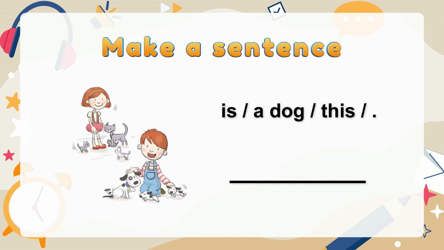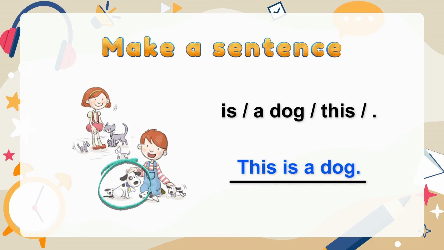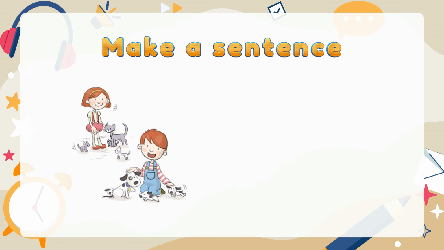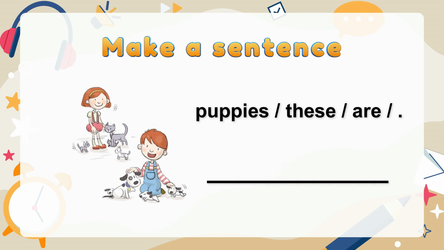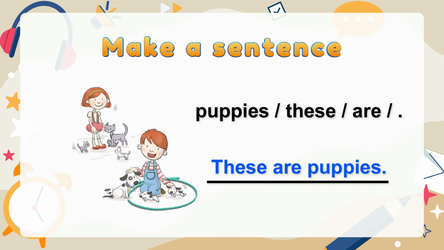Is a dog this? The sentence should be, this is a dog. Puppies, these are. The sentence is, these are puppies.